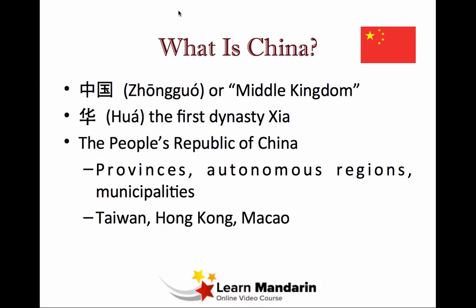So, what is China? Well, for a long time, sinologists seem to agree that the name China comes from Qin, the dynasty led by the first emperor of China, Qin Shi Huang, who was also the first to unite China back in 221 BC. Now, it's actually thought that the original pronunciation of Qin is quite different to what it is today, which makes this theory quite unlikely.